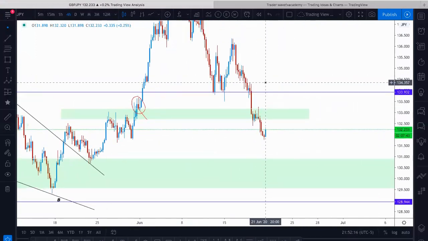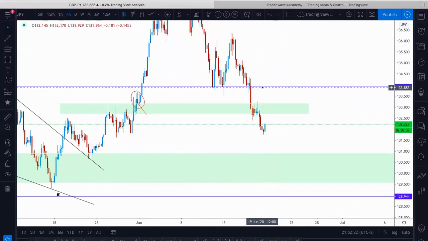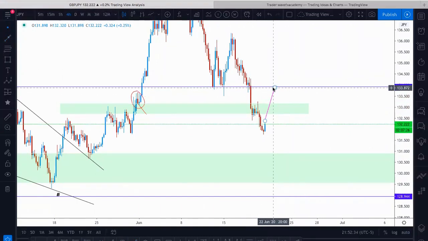Ideally, if by that time we can get price within this area, then I'll be looking for some form of rejection coming out of the market to take a sell, to take the market lower. So my bias would be for price to revisit this area, let's say about 133.90, let's call it about 134.